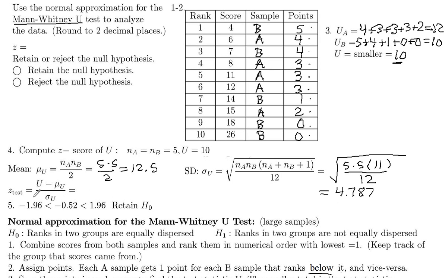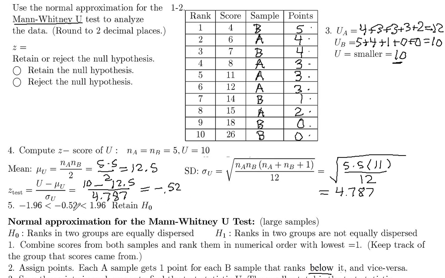Now we can figure the z-score of our test statistic. So the U was 10. And then the mean that we computed up here was 12.5. So 10 minus 12.5, and then divide by our standard deviation here, the 4.787. And if you compute that in your calculator, you get negative 0.52.